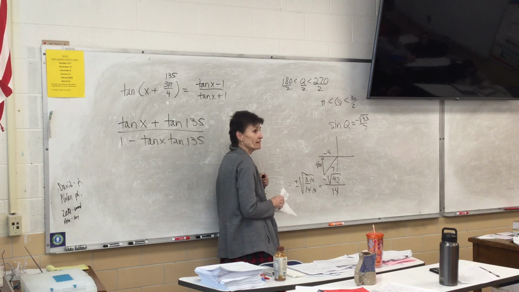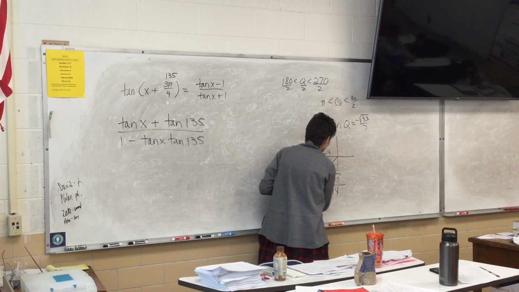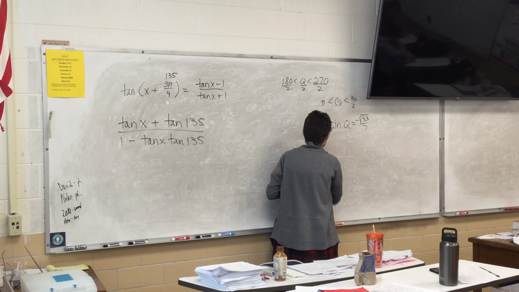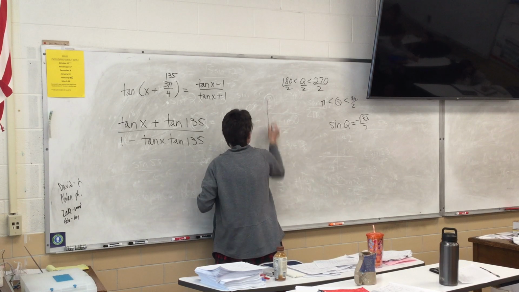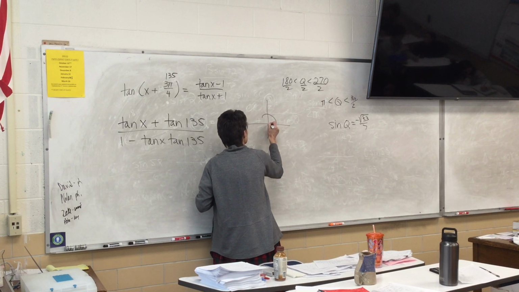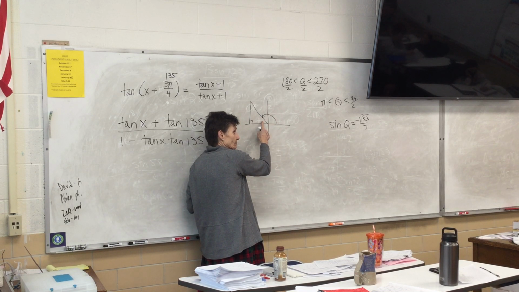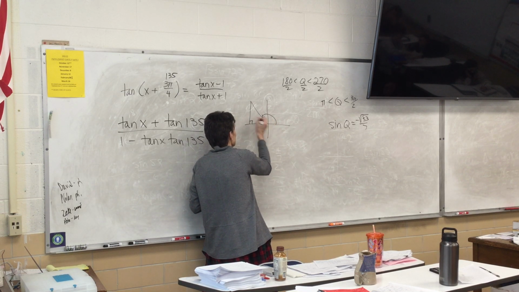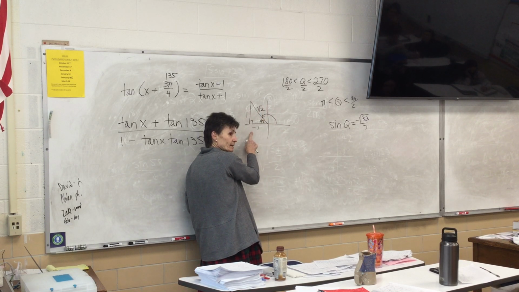Exactly. Figure out what the tangent of 135 is and plug it in. So let's see, 135 is over here. What's the reference angle for 135? 45. So I have 1 over root 2, and I'm not going to forget that negative right there.